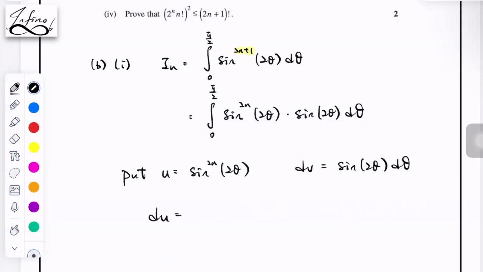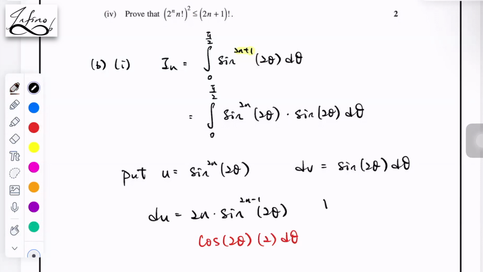So this is 2n, and then sine^(2n minus 1) of 2 theta. But pay attention that you have to apply the chain rule here, so you have to further differentiate the sine 2 theta, which is cosine 2 theta, and then once again the chain rule, you have to differentiate the 2 theta. That's why you have the 2, and then d theta.